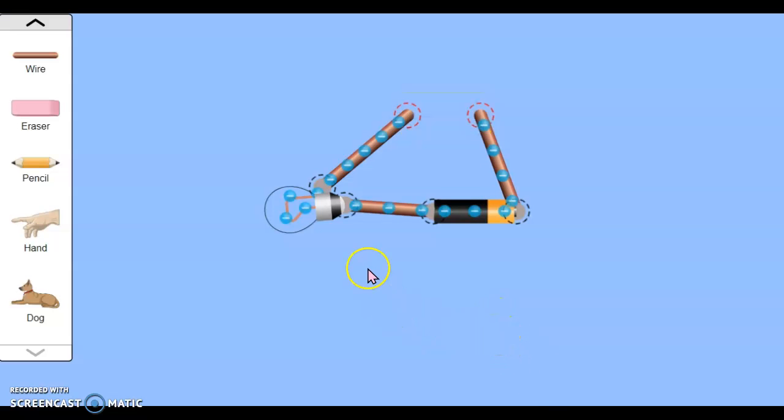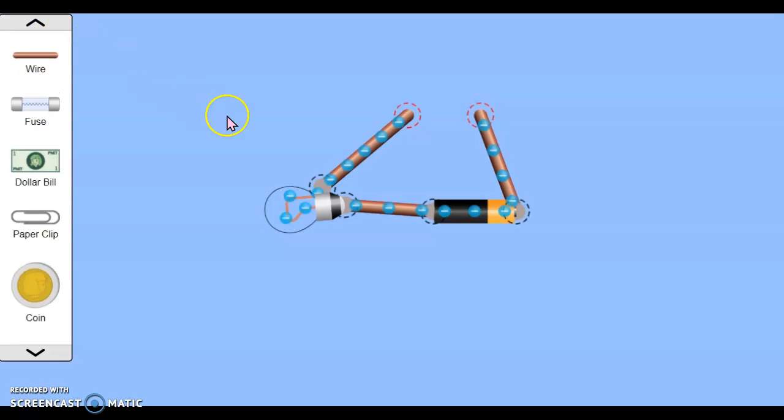Usually the conductors are made up of metals. Metals are good conductors. They allow electricity or electrons to pass through them. Whereas the non-metals, like the eraser and the paper bill earlier, are called insulators. They are not allowing electricity to pass through them.